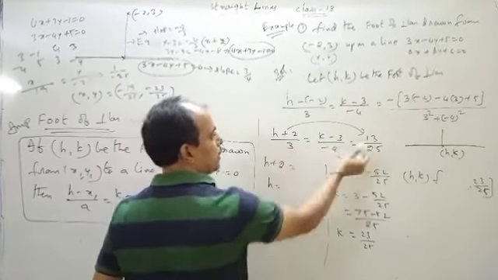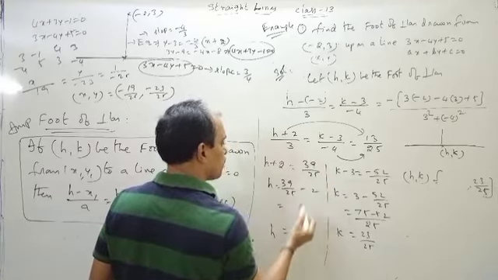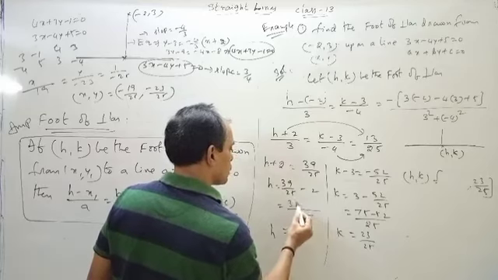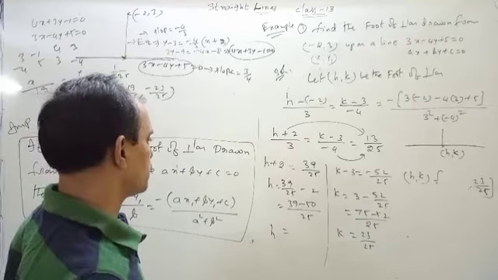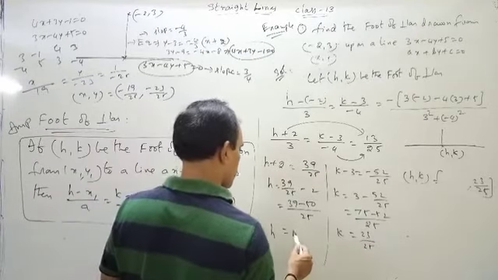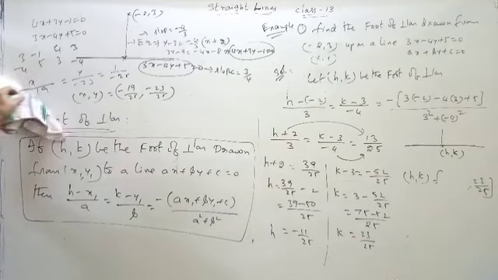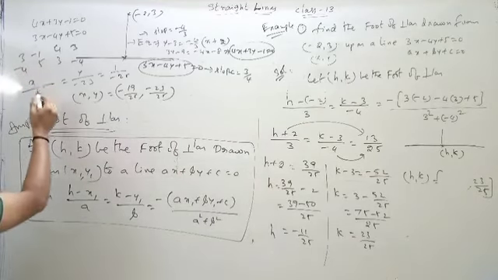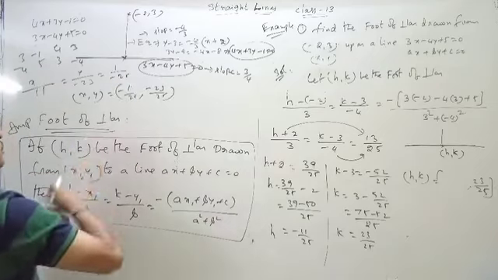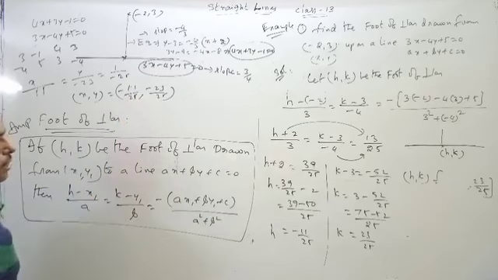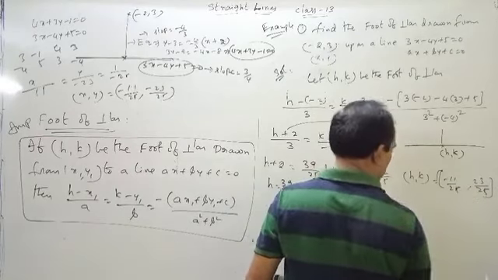That is when you compare 3 into 13, 39 by 25, 39 by 25 minus 9, that is 39 minus 50, that is minus 11 by 25, and here 15 minus 4, 15 minus 4 means 11, that is minus 11 by 25. The answer is minus 11 by 25. So minus 11 by 25 comma.